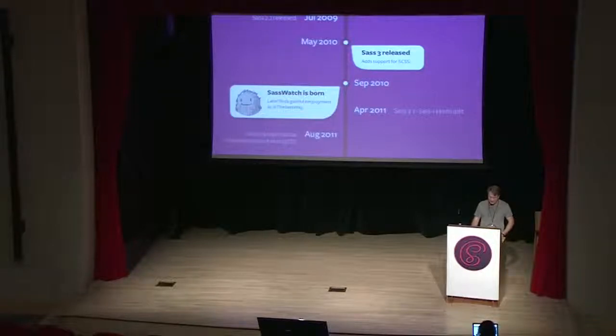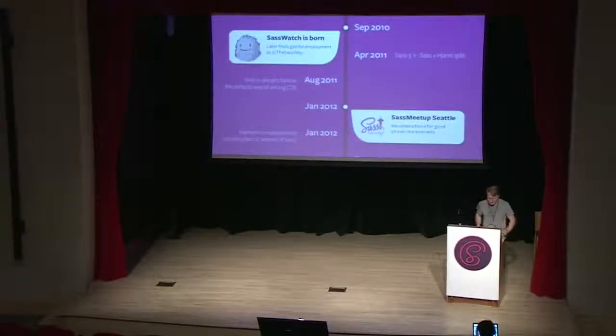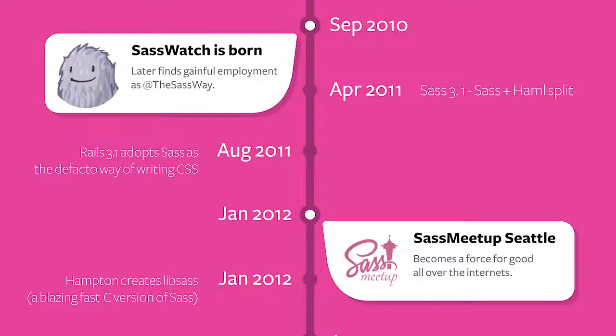In 2011, Rails 3 adopted it. If you're not a Rails user, Rails has just been very influential in the industry in terms of pushing great stuff or recommendations on great libraries and things, and that was pretty significant for us. Sass Meetup Seattle was started, and their Twitter account's a pretty awesome one to follow.